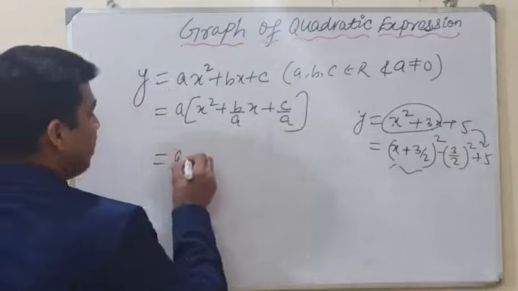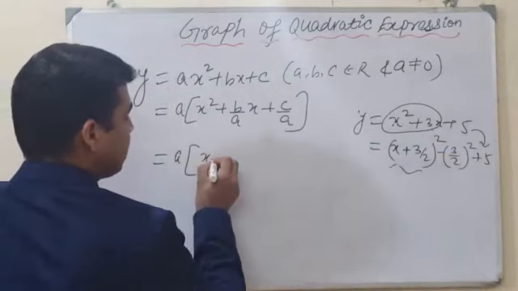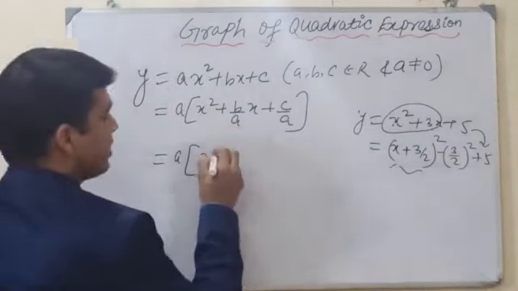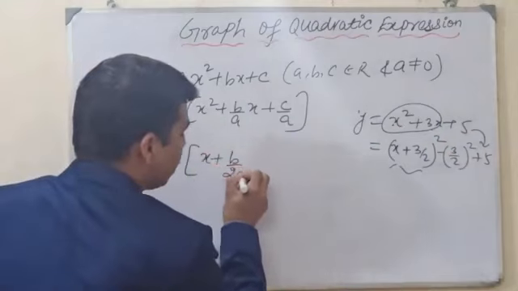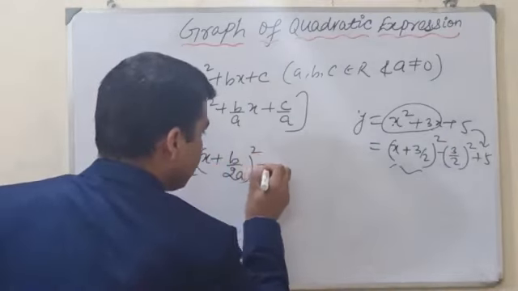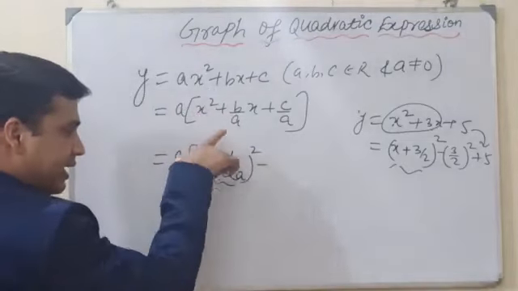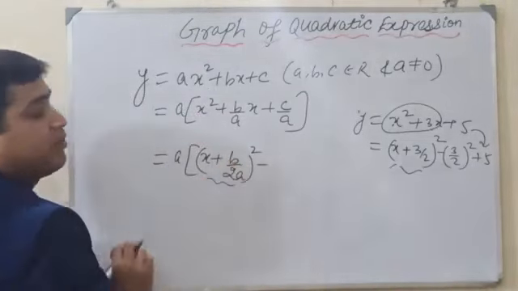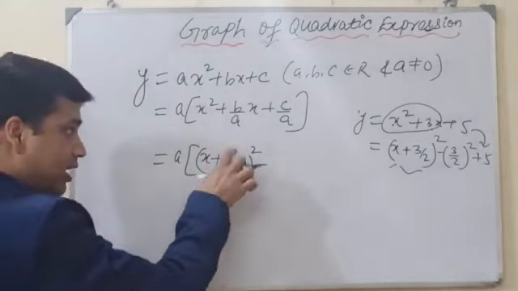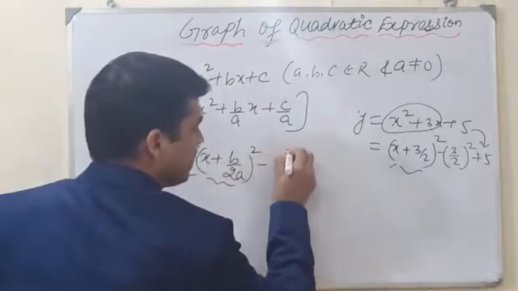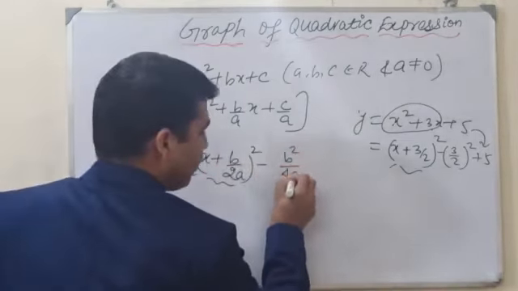See here, a times x plus half of the coefficient of x, so (b/2a) whole square of this. Now if you open this bracket, you will get x square plus (b/a)x plus b square by 4a square. Why here? Because of the square of this, so I am going to subtract b square by 4a square.